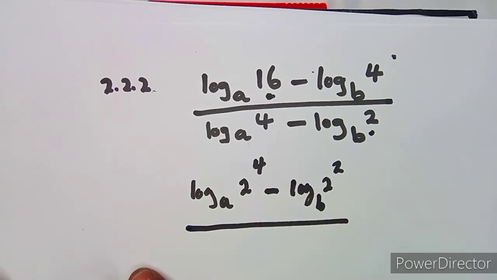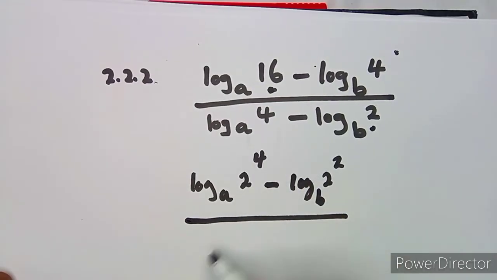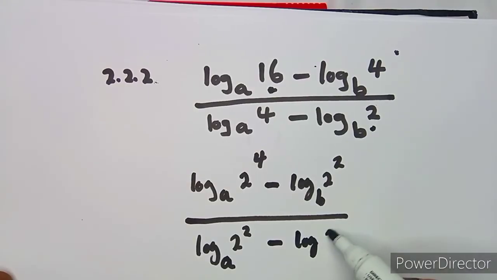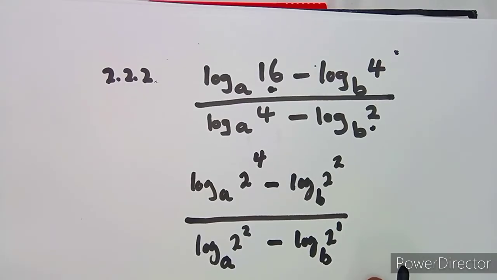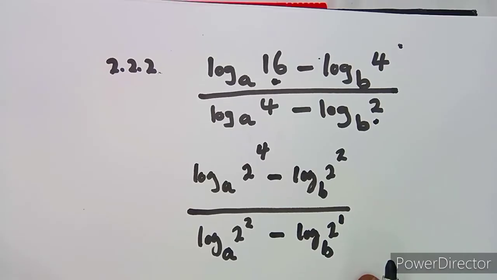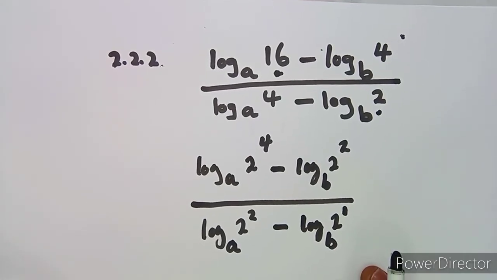Again, 4 in base 2 is 2 to the exponent of 2 in base a. And 2 is already in simplest form, so you can just write it as 2 to the exponent of 1.